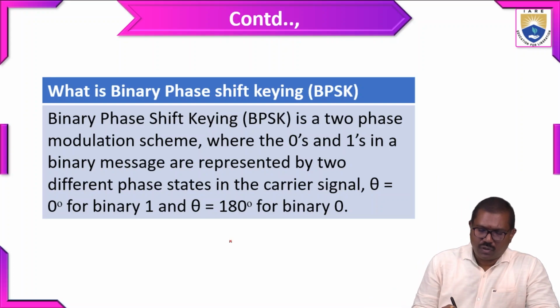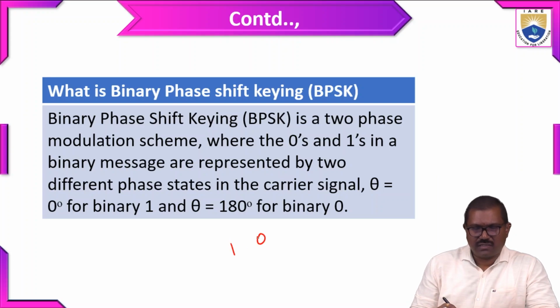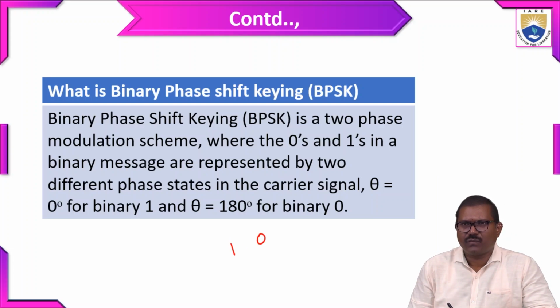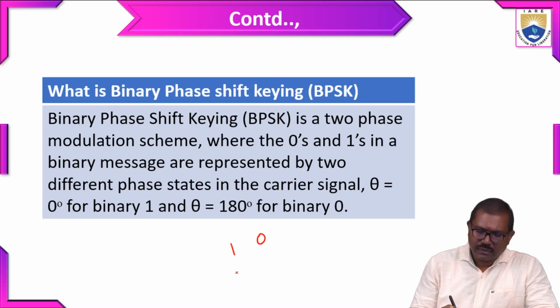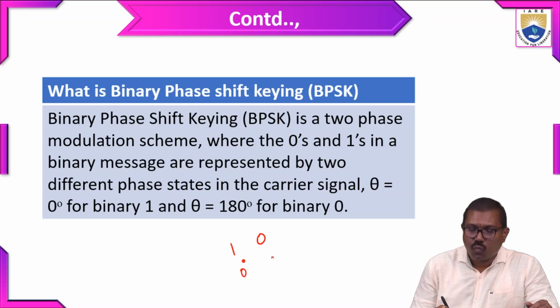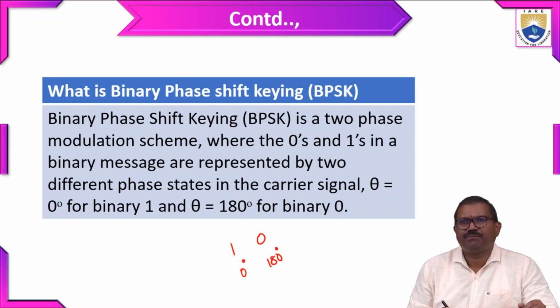So here we are having only two signals, that is 1 and 0. So here 0 degrees for symbol 1 and 180 degrees for symbol 0.